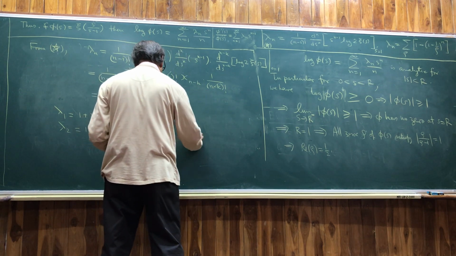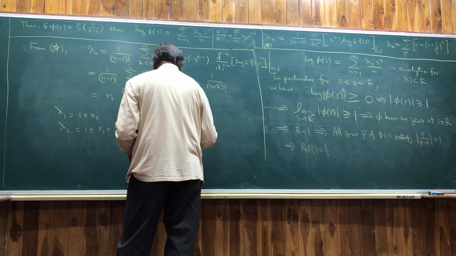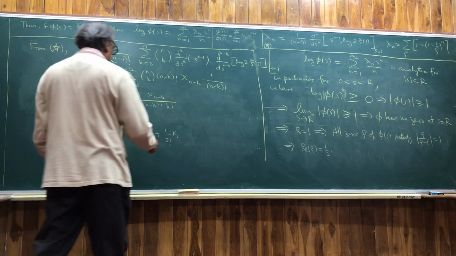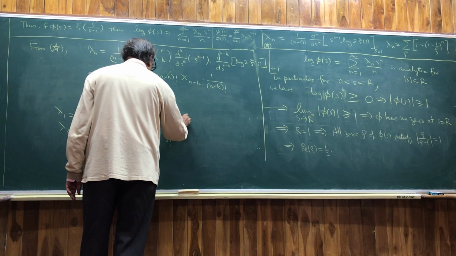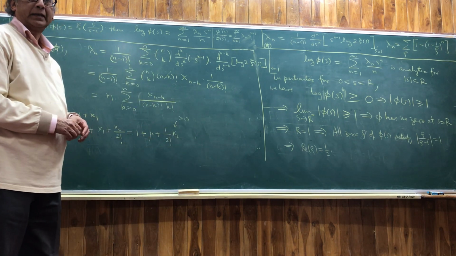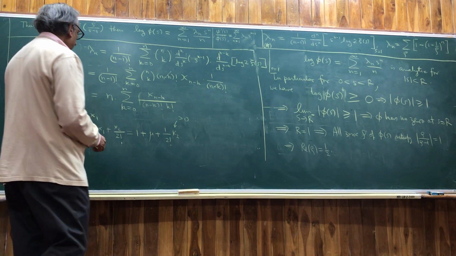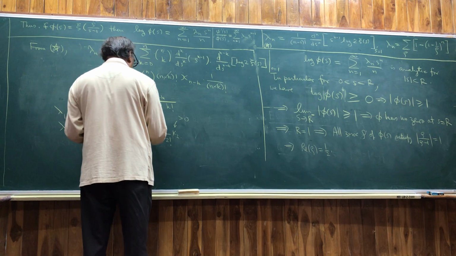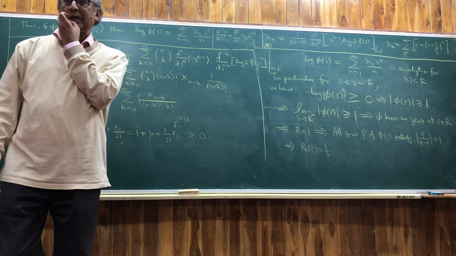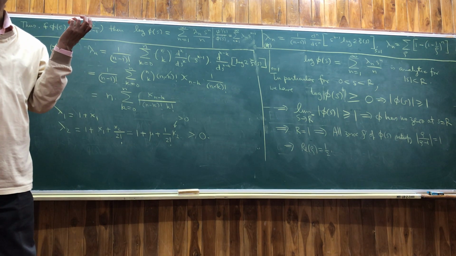It's kappa 2. We agreed that kappa 2 is always positive. Pardon me? Kappa 2 was the variance. That's right. Kappa 2 was the variance, so this is already positive. The mean is actually 1 because the density function is just h, right? So this is all positive. So interpreting lambda 2 in this fashion shows that it's positive.